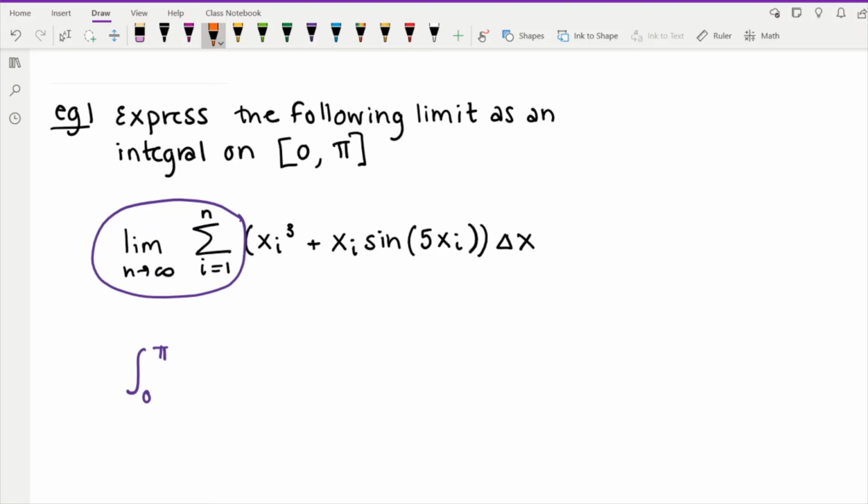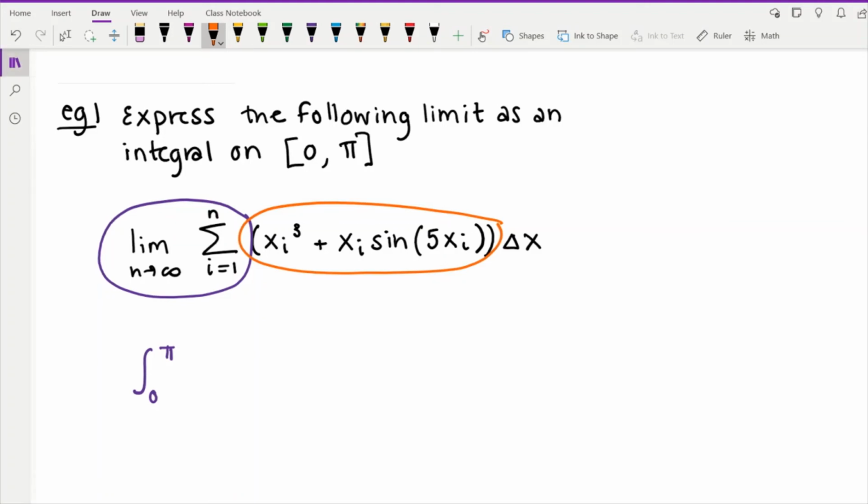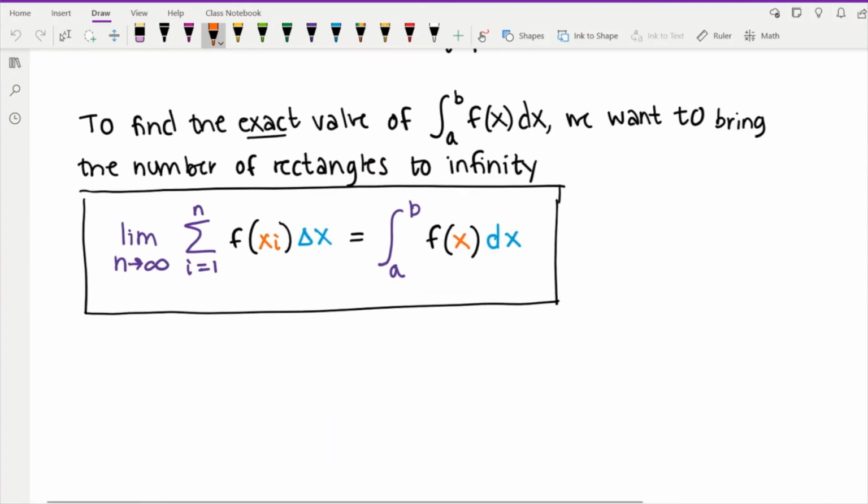Okay, so next up we have this whole complicated looking part. Looking at our limit definition, what part is that? Well, that has to be f of xi, right? So that means that we have some function f of x that has been evaluated at xi.